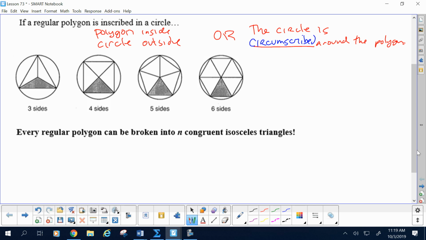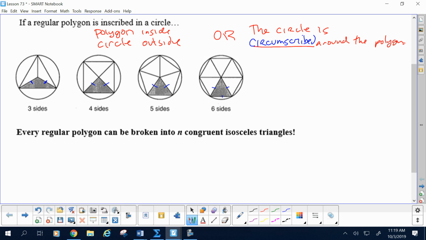In this picture these sides are the same, but that bottom one is not the same. It's much longer.